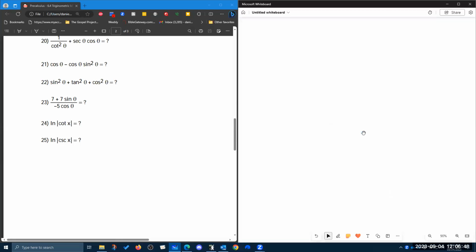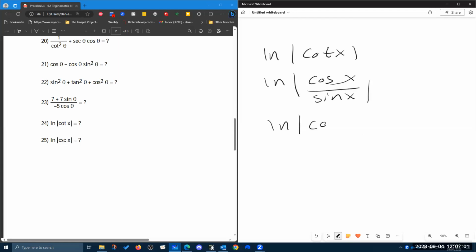All right, here's the last couple here. ln of cotangent, the ln of cosine over sine. So we use our log properties to write that as ln of cosine minus ln of sine, like that. Remember your absolute value bars.